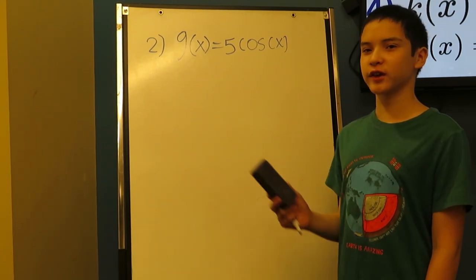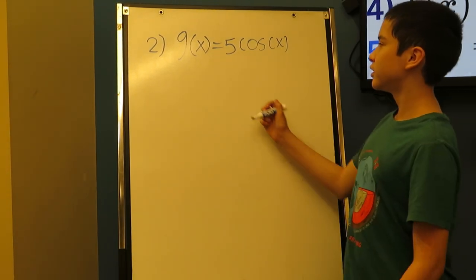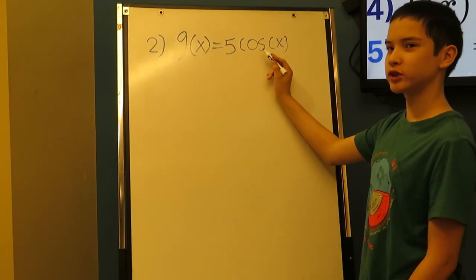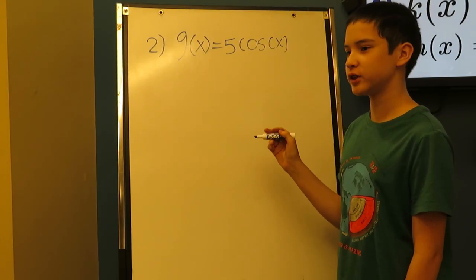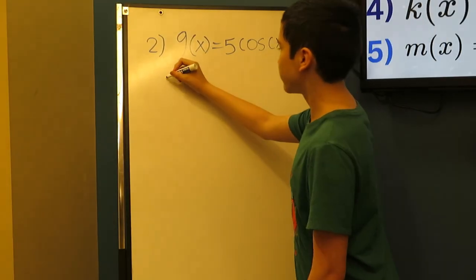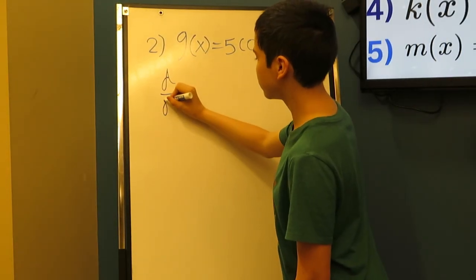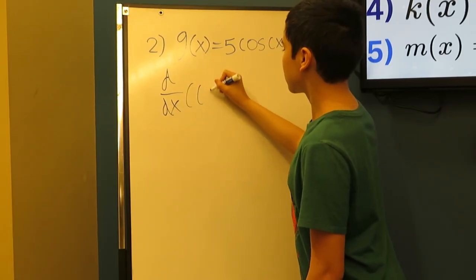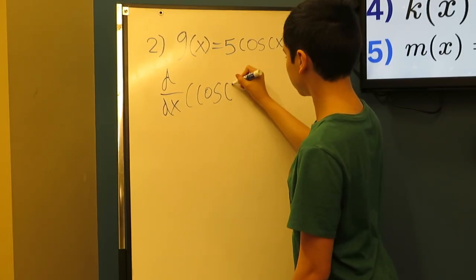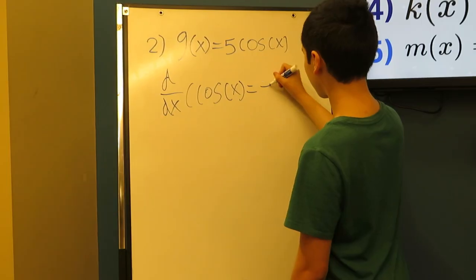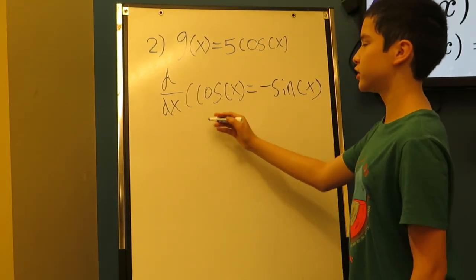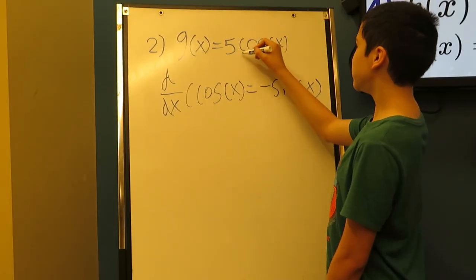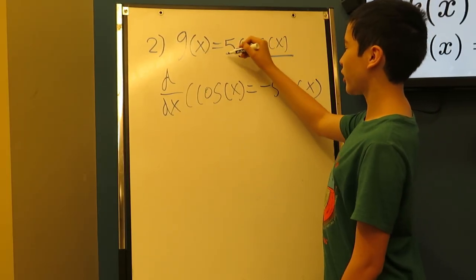Okay, let's go through the second question now. We're given g of x equals 5 times the cosine of x. Now, using the second rule from our trig differentiation rules, we have this. This is our second rule. So now we see we have a cosine of x here multiplied by a constant.